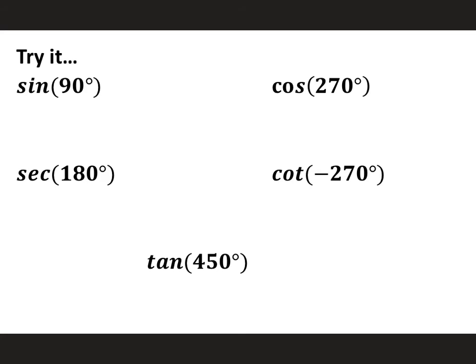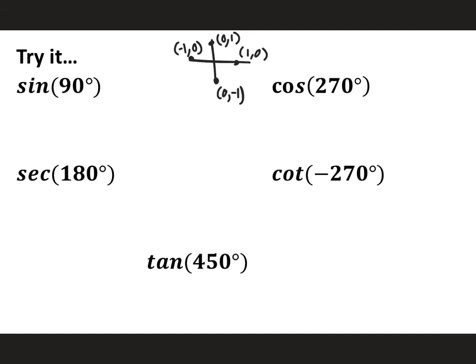I'll draw that picture at the top real quick just so we have it for reference. So this one was x is 1, y is 0. This is x is 0, y is 1. This is x is negative 1, y is 0. And this is x is 0, y is negative 1.